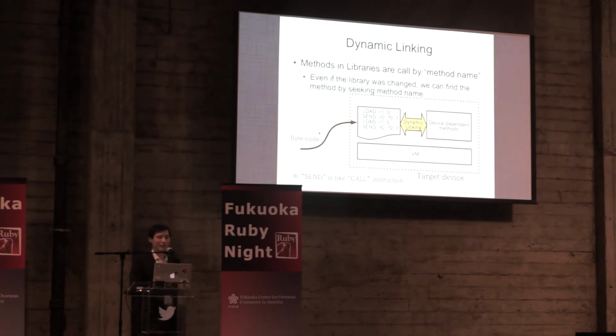Every time a function is called, this searching is done. So execution speed is slower than C language. C language is statically linked, so searching is not necessary. But in Ruby, searching is necessary every function call.